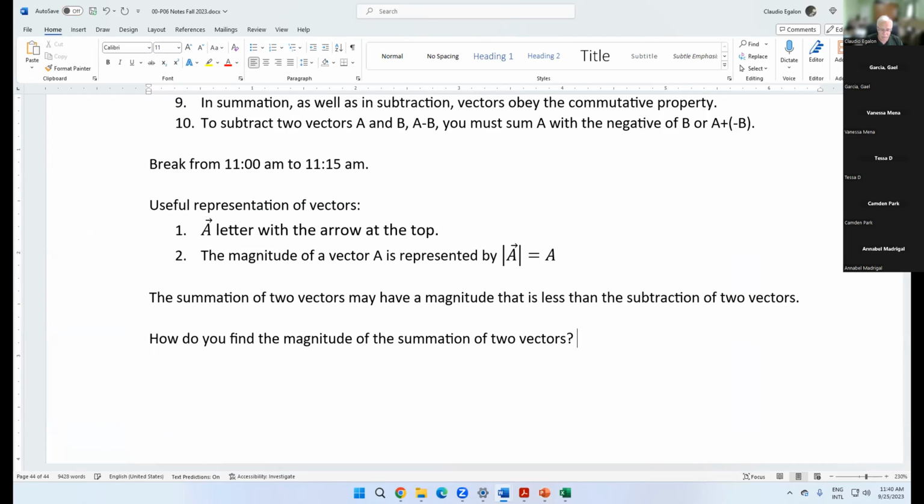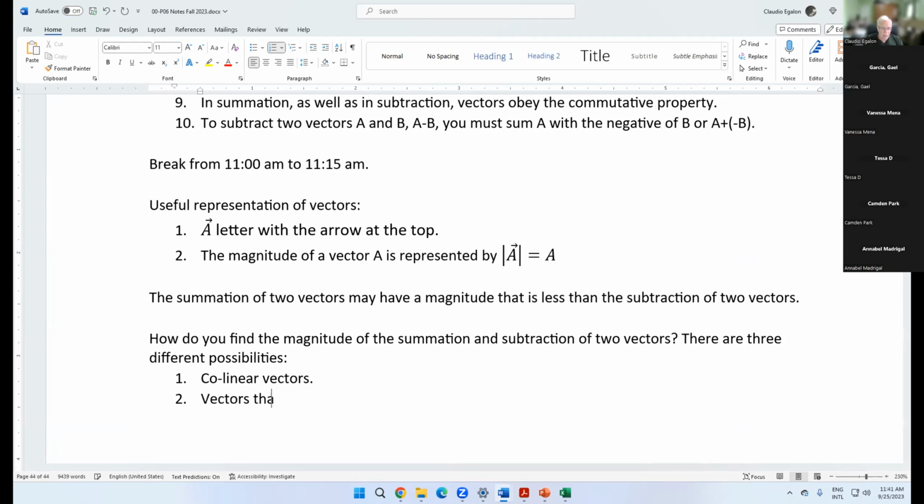Well, the answer is there are three different possibilities for the summation and subtraction of two vectors. One, collinear vectors. Two, vectors that are perpendicular to each other.